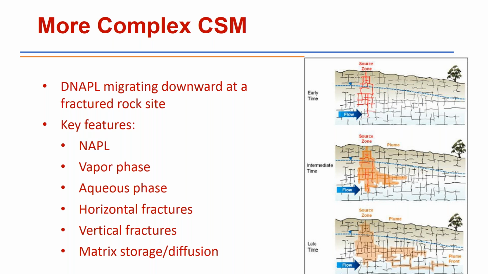So you potentially have a big matrix diffusion issue at this site. This CSM shows quite a few more features where you've got these different phases: aqueous, vapor, NAPL. You're depicting some fractures here, and then you're also depicting the idea of matrix storage and matrix diffusion.